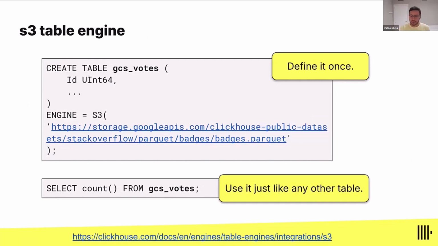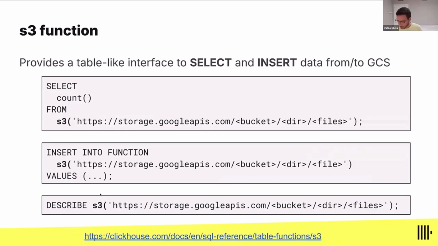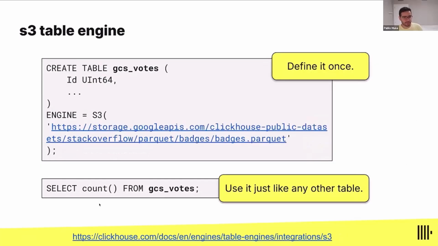Instead of a table function, we also have what we call a table engine. You create this table in ClickHouse, this table exists. And from now on, this is just doing a count from GCS votes.